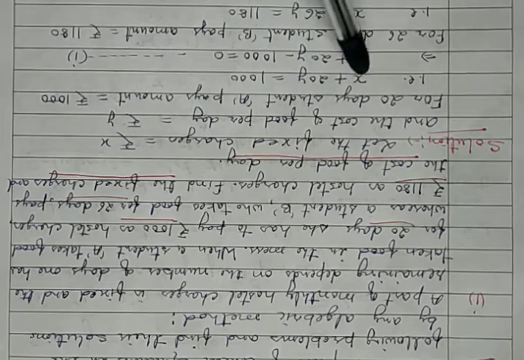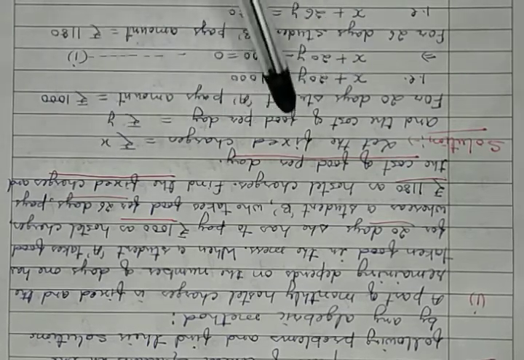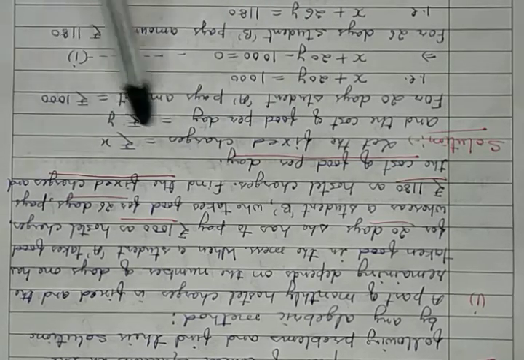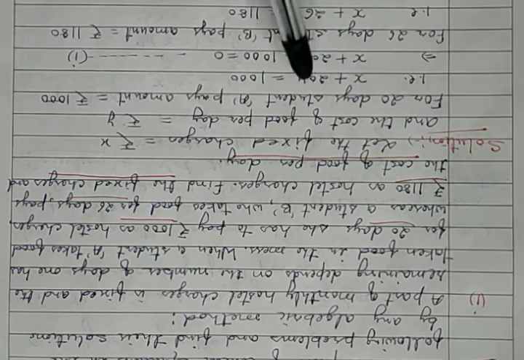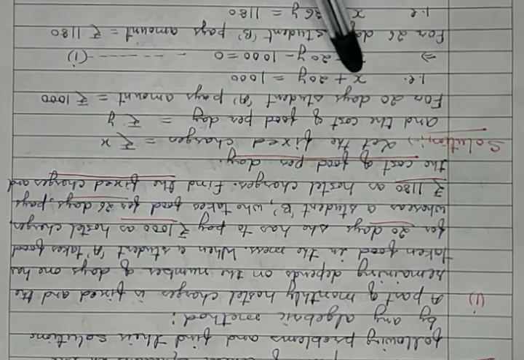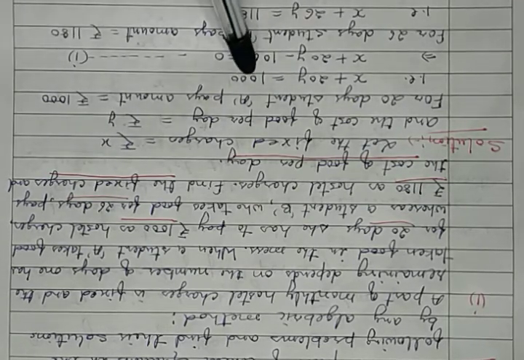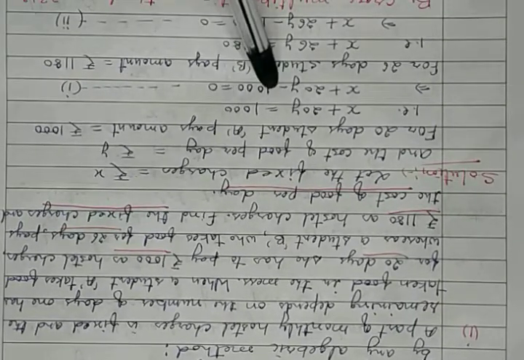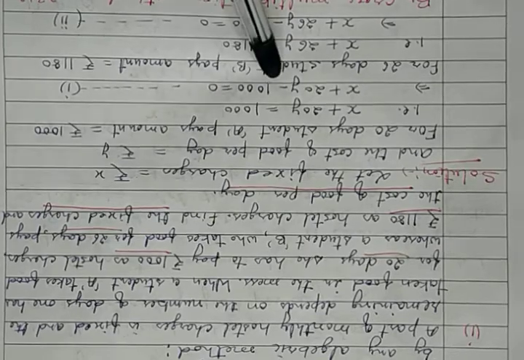Fixed charge X plus 1 day, she pays rupees Y. For 20 days, it is 20Y. Fixed charge plus 20Y is equal to 1000. X plus 20Y minus 1000 is equal to 0, taking this to the left hand side.